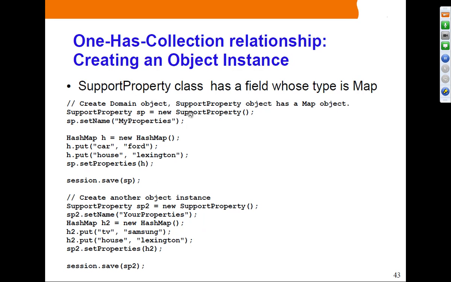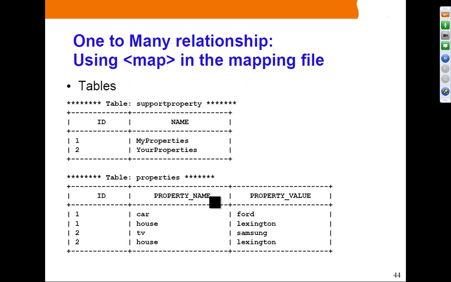Here we created a support property object, and then we have a hash map with key-value pairs. We have 2 key-value pairs: car is Ford, and house is Lexington. We set the properties and we save. So you could use the map as one way to model the relationship.